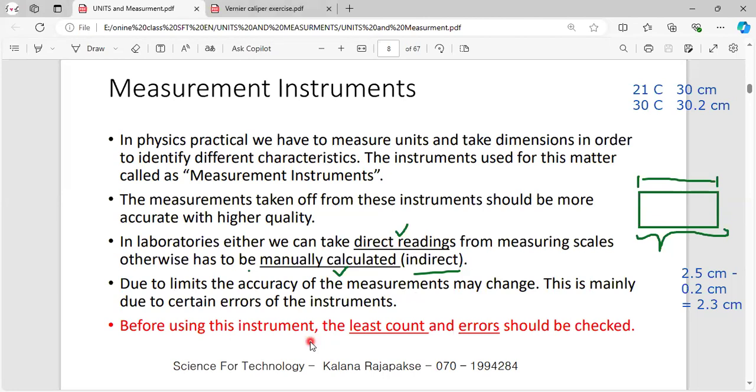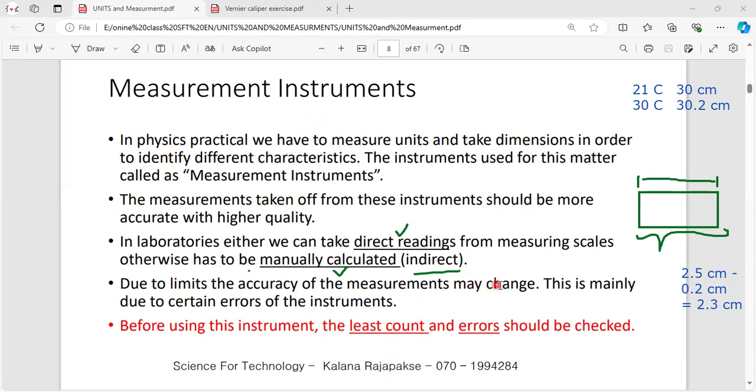Because of that, whenever you are using a measuring instrument, it is very important to first check the least count, which means the smallest measurement you can measure using that equipment. For a meter ruler, it is 1 millimeter. You cannot measure 0.5 millimeters using a meter ruler.